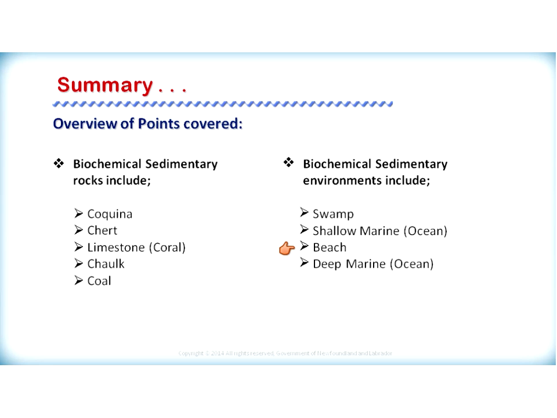A beach environment would be more conducive to the formation of coquina. In deep marine environments, you could form such rocks as chert and chalk, which are made from microscopic organisms that die and settle to a deep ocean environment where they form solid rocks. Therefore, this slide outlines the different biochemical sedimentary rocks and also outlines the environments in which we find these biochemical sedimentary rocks.